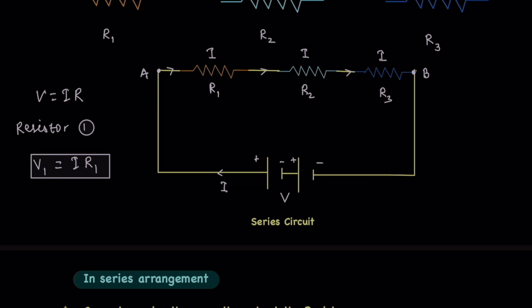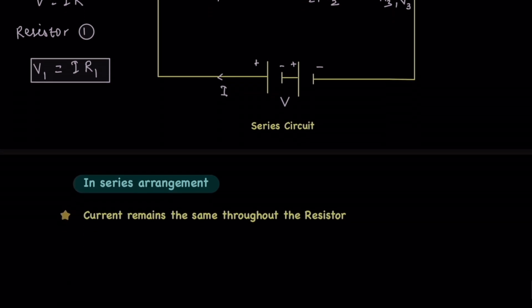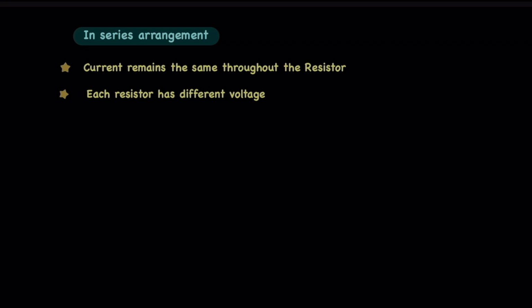So it means that each of the resistors has its own voltage. For resistor R1, it is V1. For resistor R2, V2. And resistor R3, it is V3. So this point we can also note down. Here we noted down that each resistor has a different voltage.